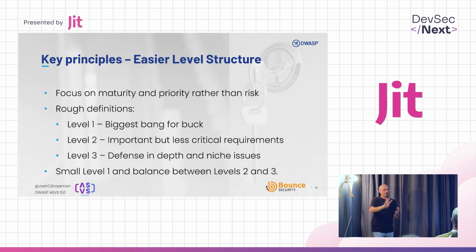Whereas previously we used these very judgmental names, minimum level for level 1, standard level for level 2, and advanced level for level 3, we're now seeing it more as a maturity level. So what do you as the application owner want to promote about the security of your application? How do you want to present the security of your application?